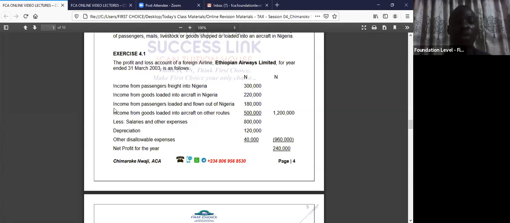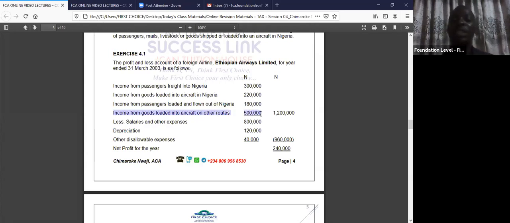Income from passengers loaded and flown out of Nigeria. So if they are flying out of Nigeria, it means the flight started from Nigeria and they are going out of Nigeria. This makes 180 Nigerian income. Now, income from goods loaded into aircraft on other routes. So it means this one does not even come into Nigeria, nor does it start from Nigeria.